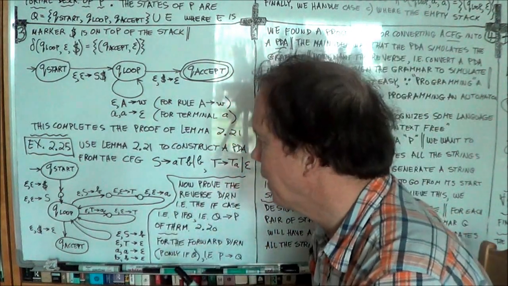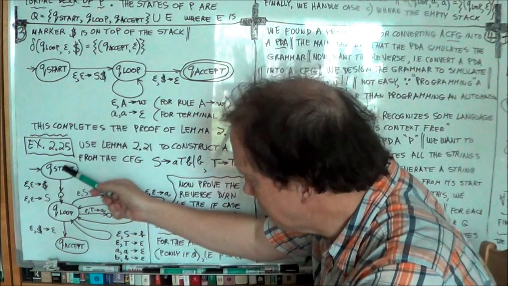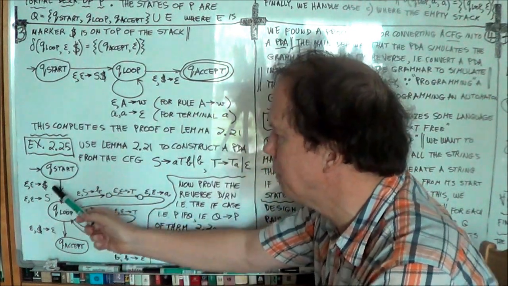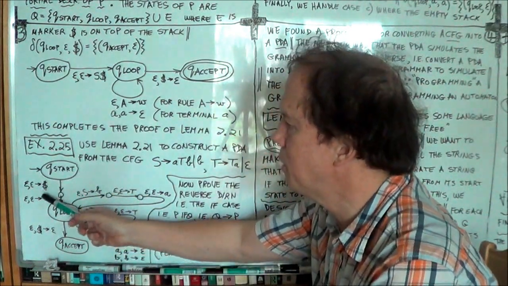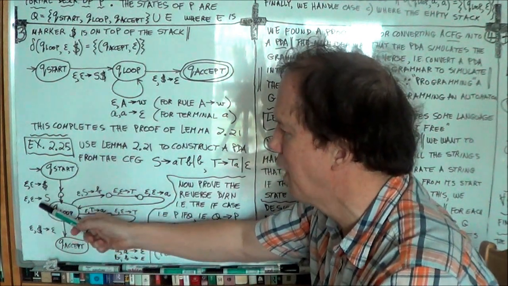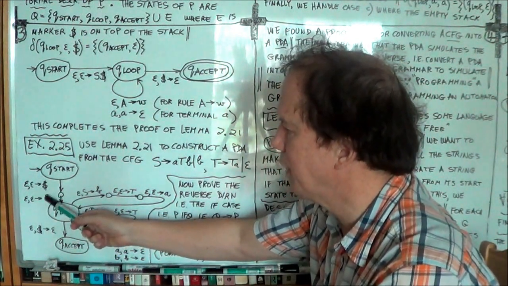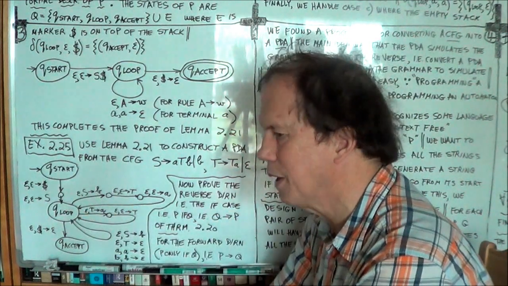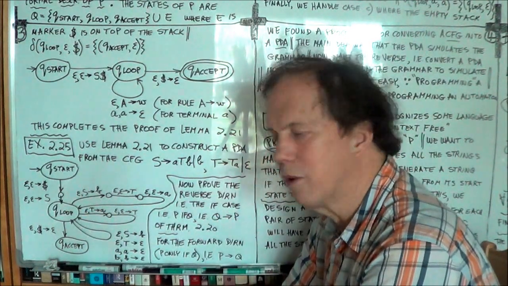Alright, okay. So as usual, the first thing you will do will be to initialize the stack, push $1 onto it, and then push the start variable from your grammar.